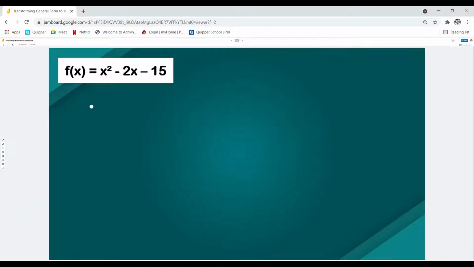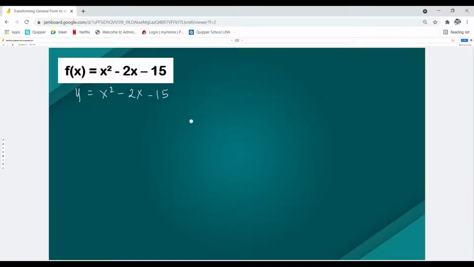Our given is f of x is equal to x squared minus 2x minus 15, written in general form. And take note, we can also write that as y is equal to x squared minus 2x minus 15. Here the example has a value of a which is 1, so it's very easy to manipulate this time.